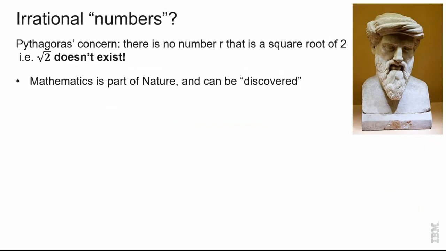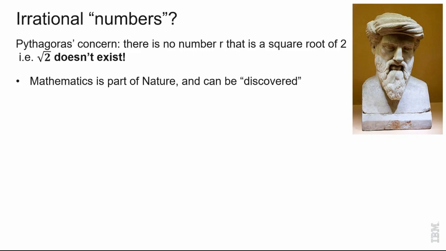Okay, but what troubled Pythagoras is that this square root of 2 doesn't exist. There is no such thing in nature which solves this equation. And the Greek, not only Pythagoras, but the whole worldview of the Greek was that mathematics is part of nature, and mathematicians are just discoverers.